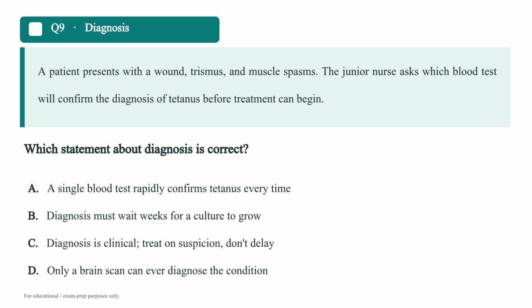Option B. Diagnosis must wait weeks for a culture to grow. Option C. Diagnosis is clinical. Treat on suspicion. Don't delay. Option D. Only a brain scan can ever diagnose the condition. Pause here and choose your answer.